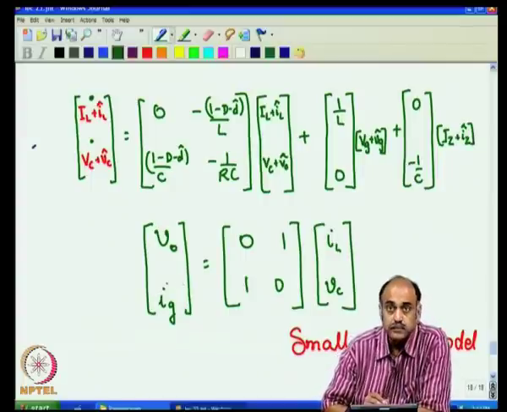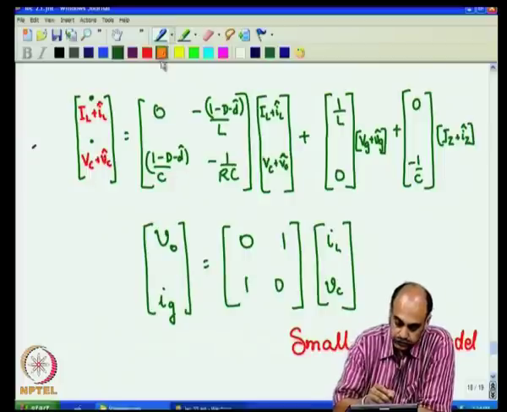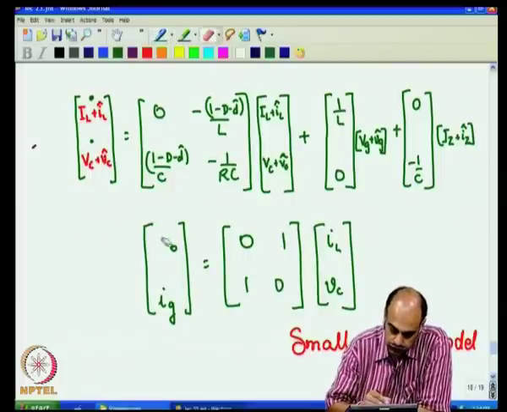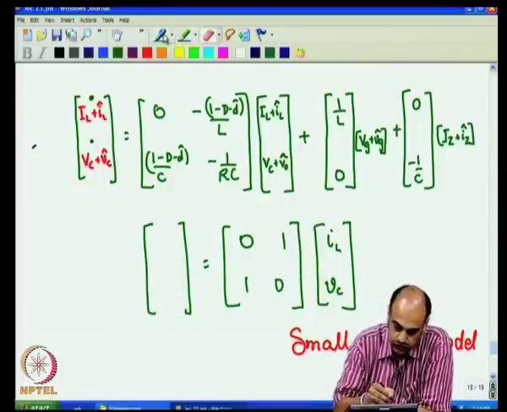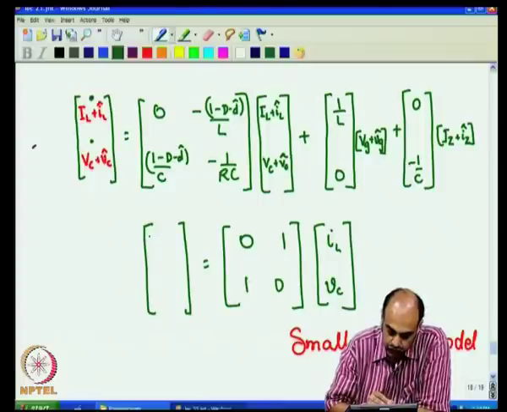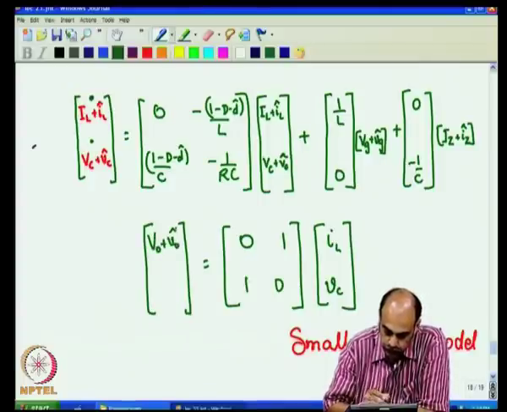And likewise the output equation. So, the output equation, you could take either V naught as the output, V naught plus V naught hat, or you could take Ig as the output.